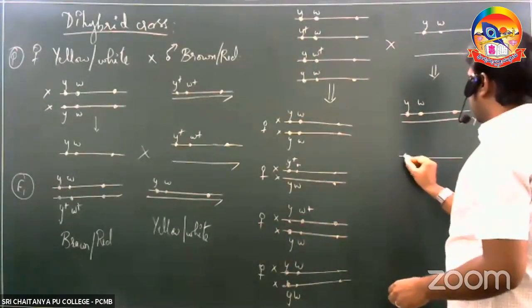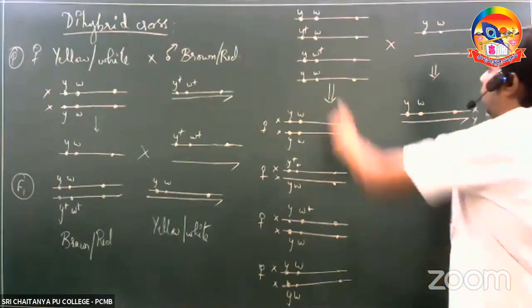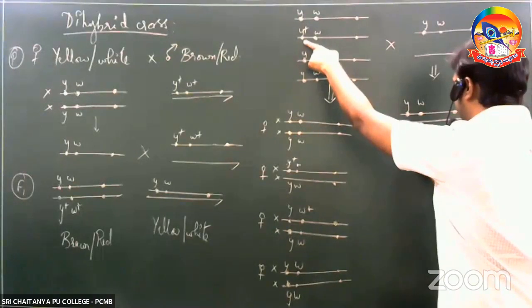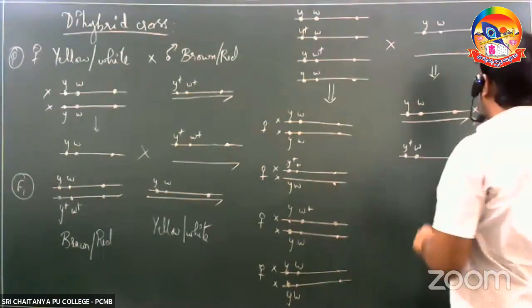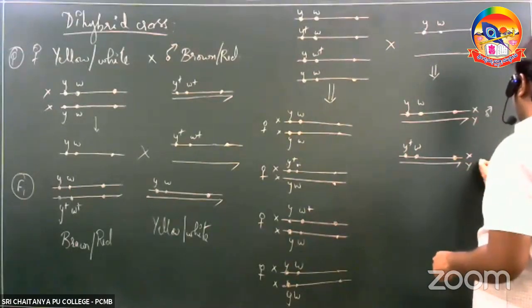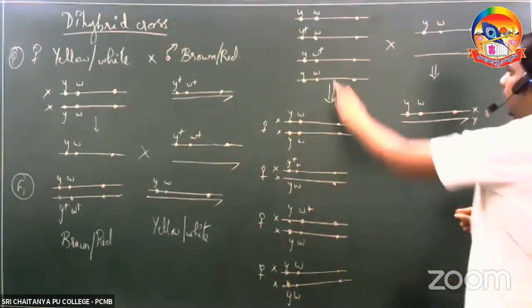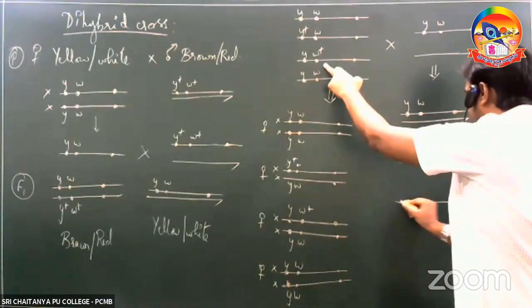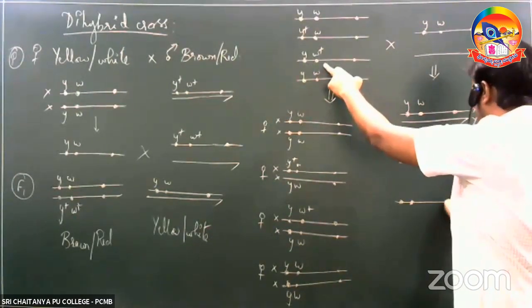Second one here would be Y plus W, Y plus W, and here another male chromosome. So this is again X, Y, so this also would be male. The third one again, X chromosome of the female gamete fused with the Y chromosome of the male gamete.